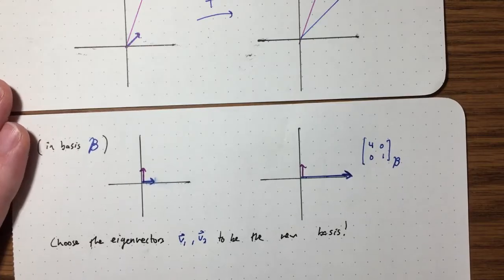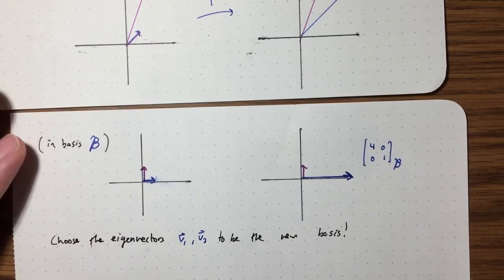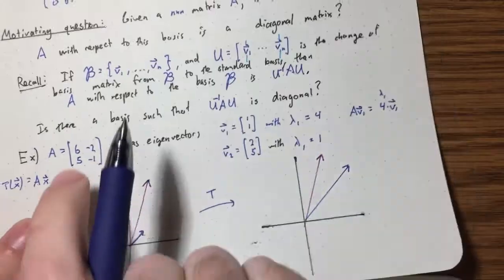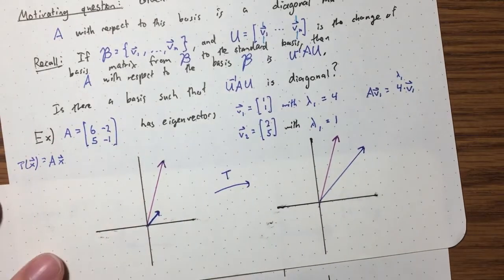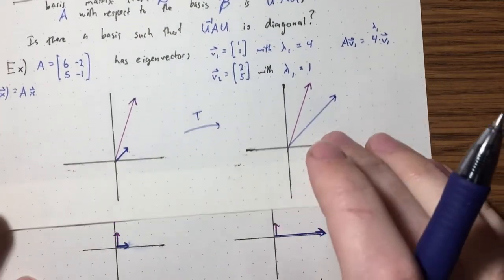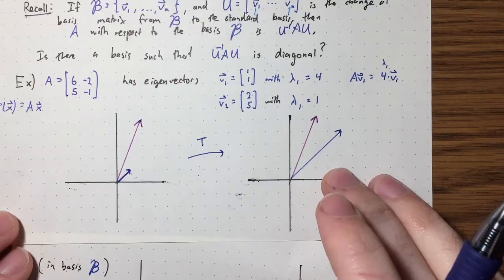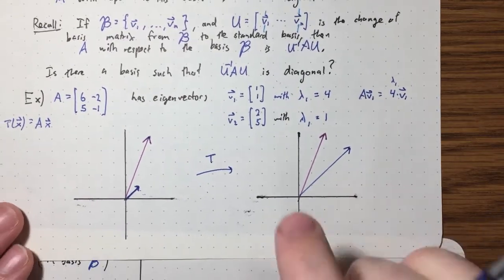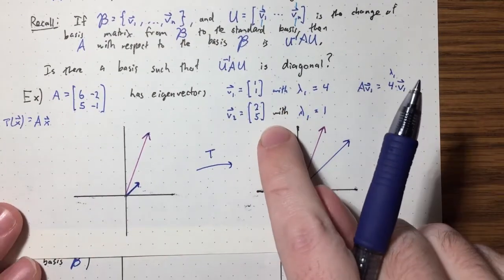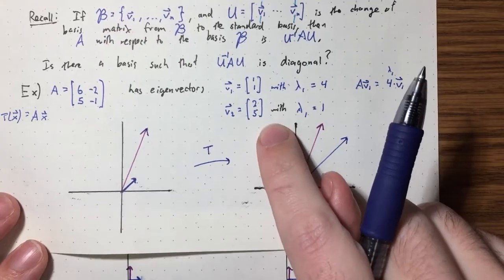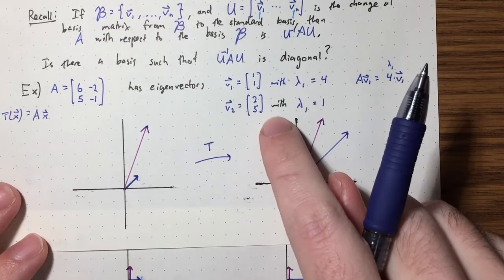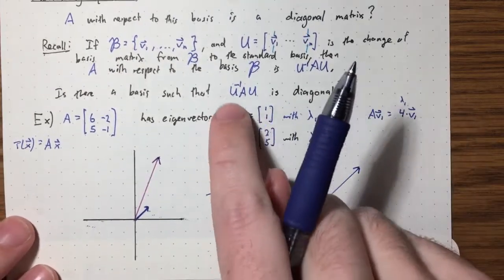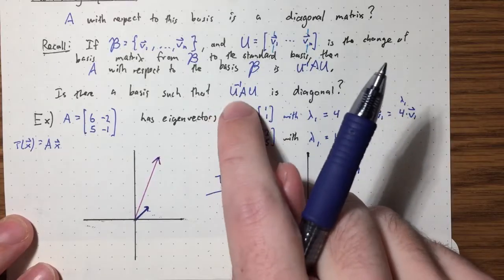All right, let's see what happens if we do that. Okay, so let's go back to our matrix A. It's this matrix right here. What are my eigenvectors? They're right here, right? So yeah, how should I do this? Well, this is my new transformation.